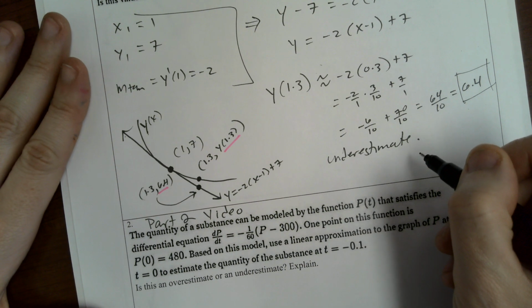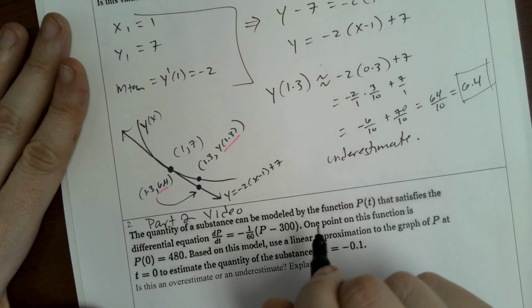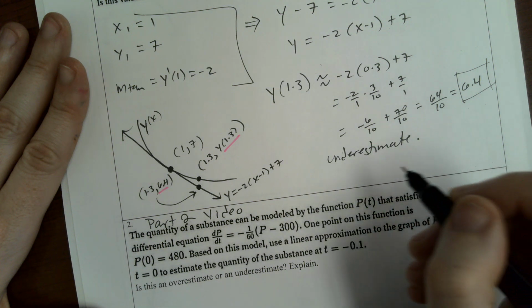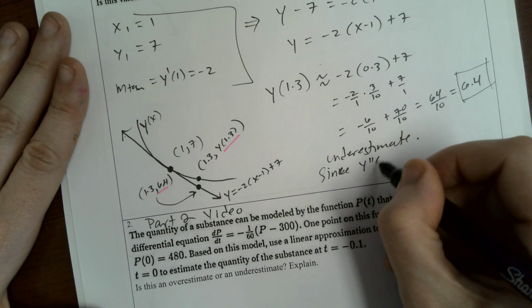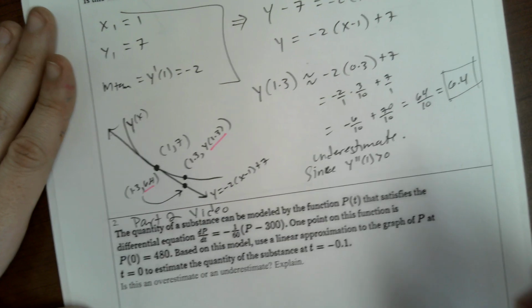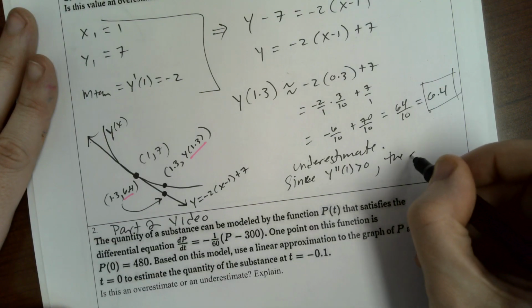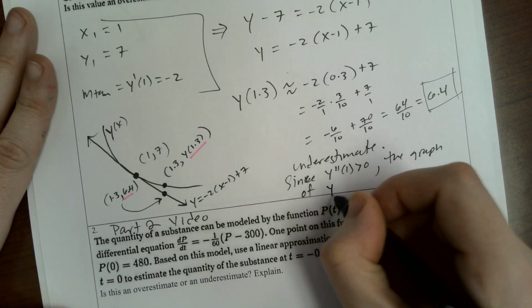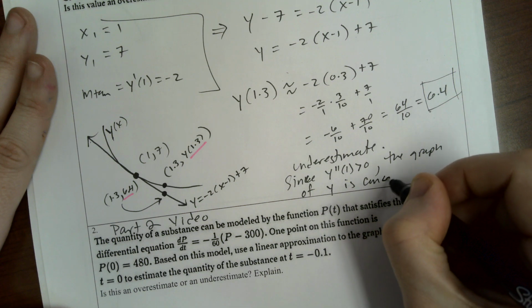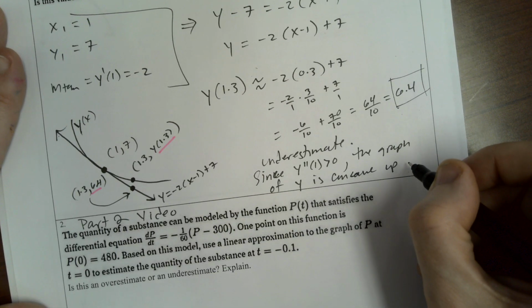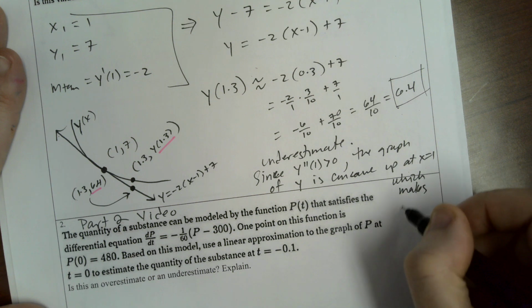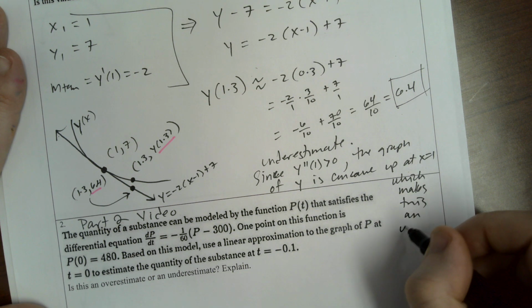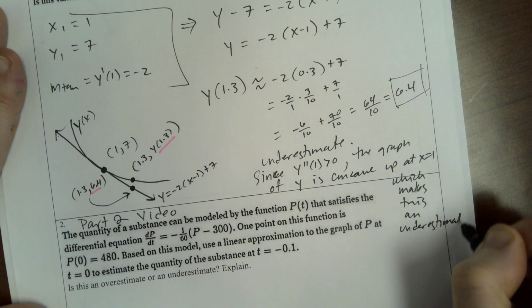So underestimate, and then I'll say since y double prime of 1 is greater than 0, the graph of y is concave up at x equals 1, which makes this an underestimate.